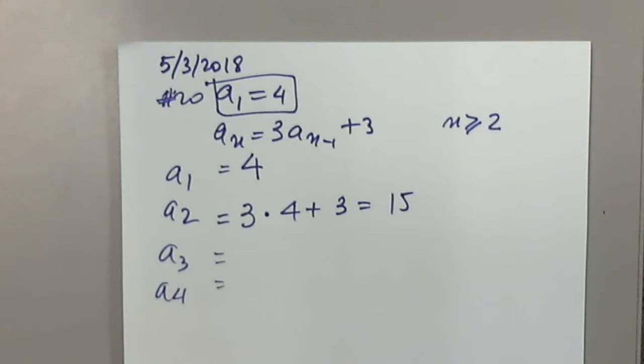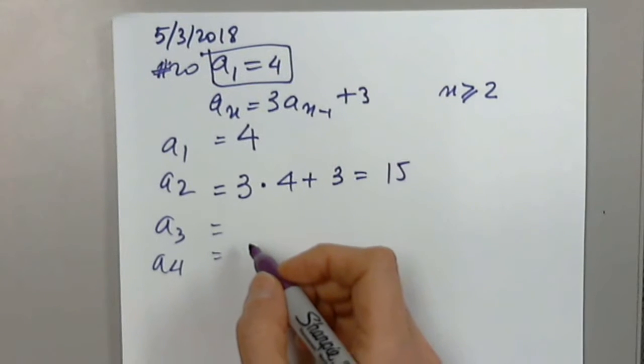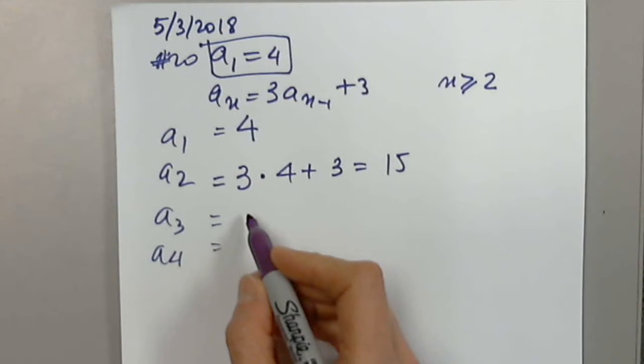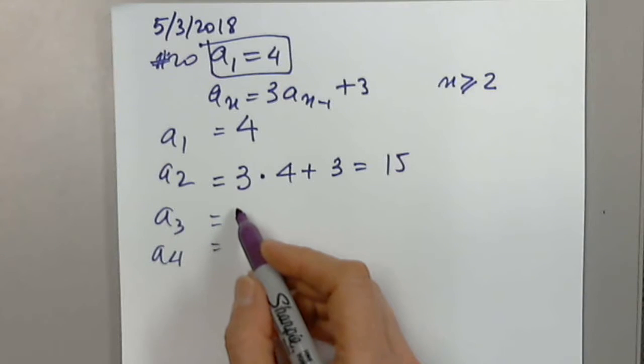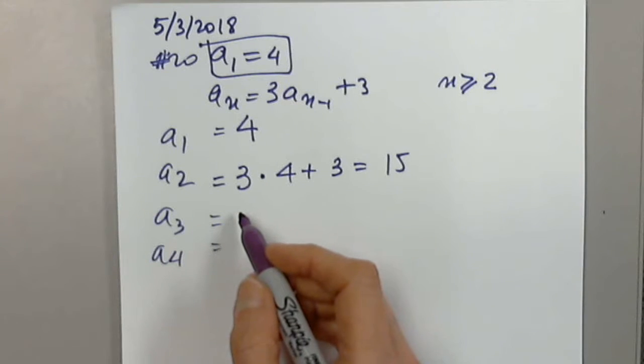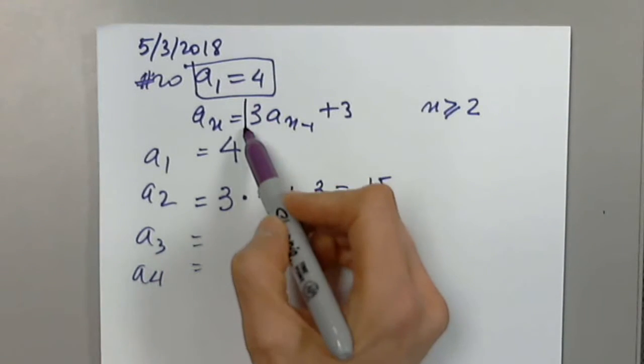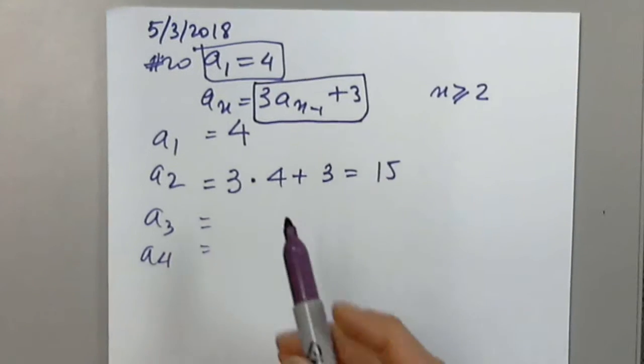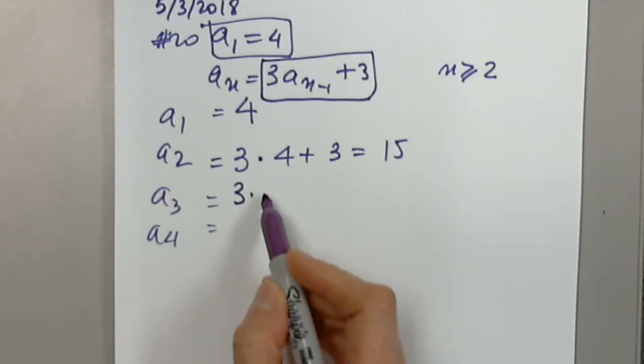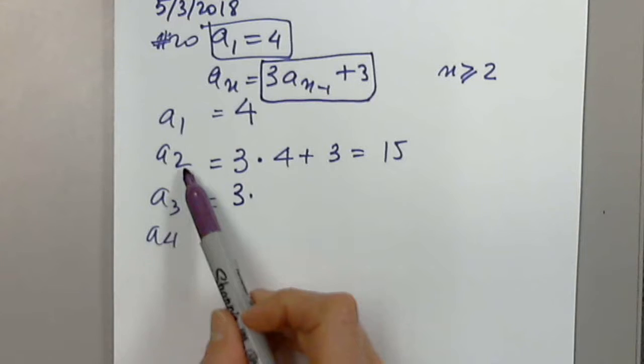A3. Let Harry say something. What will you say? Now we're going down with the numbers, so this 3 is times, this is the pattern. We're starting with 15 as the next number, so 3 times 15.